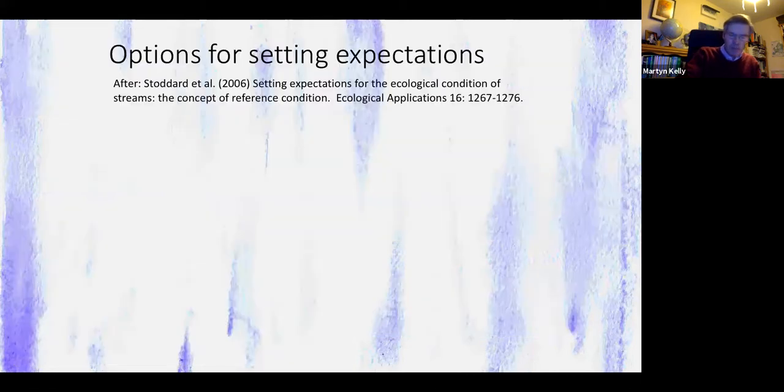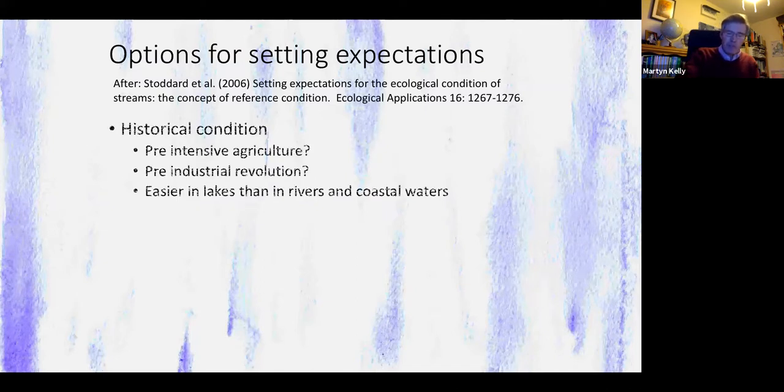How we set common benchmarks is originally set out in the grey literature and lent heavily on this paper that you're probably familiar with by Stoddart et al. In fact, Richard Johnson, one of the co-authors of that paper, working in Sweden, was one responsible for setting us on course for reference conditions in Europe. The aim is for a consistent approach, not just between countries, but also between water body types.